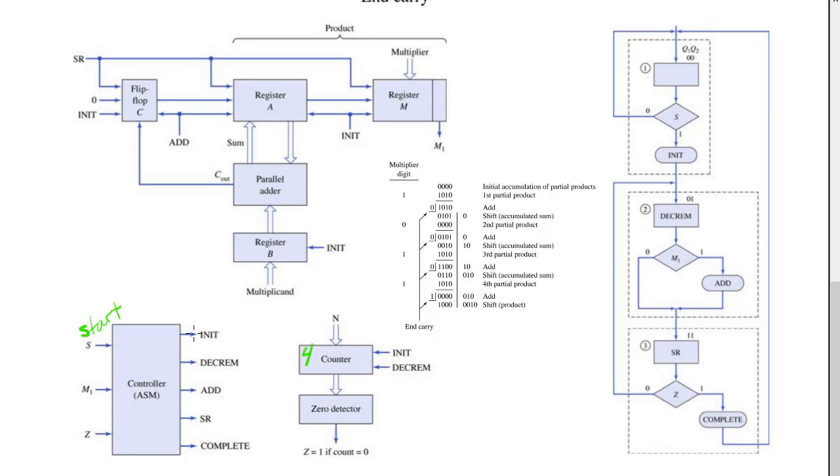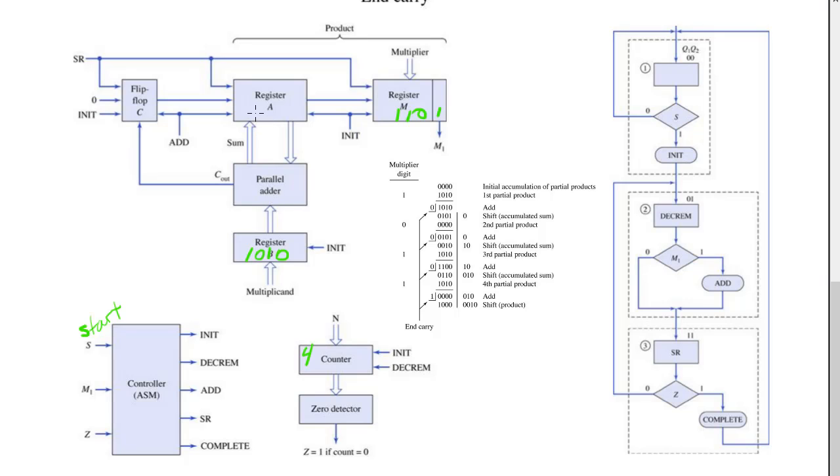So the initialization is coming out right here. It's coming into this circuit, into this register. It's sticking in the multiplicand, which is 1, 0, 1, 0. It's initializing this register with 1, 0, 1, 1.